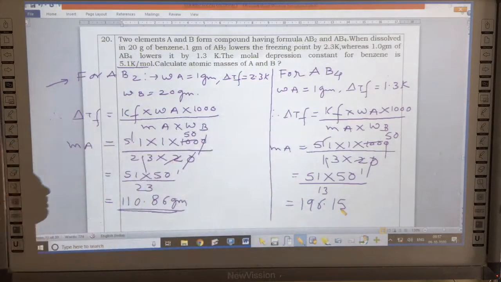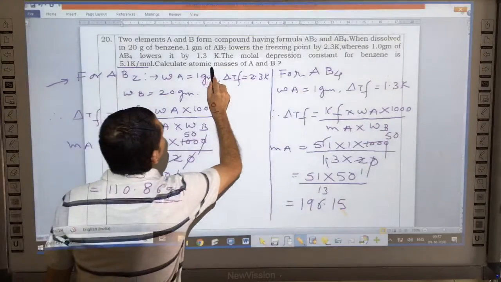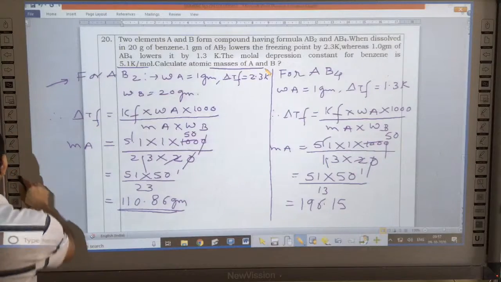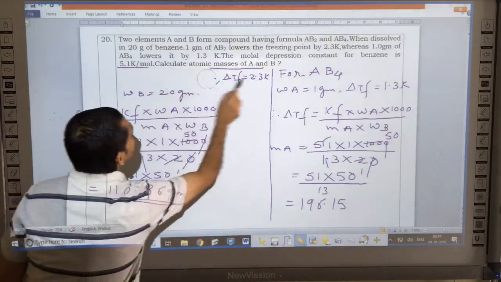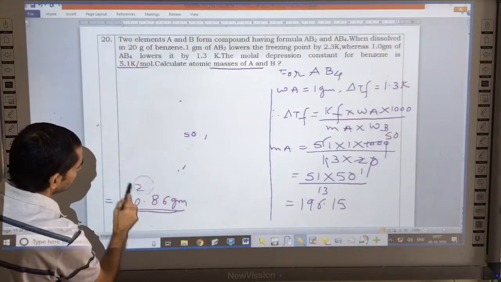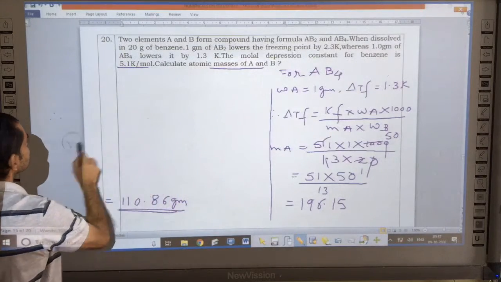So we have calculated molar mass. We have last part. We have to calculate atomic mass of A and B. From this molar mass, we will calculate atomic mass. Clear? Now how? Let us see. Let's solve it.